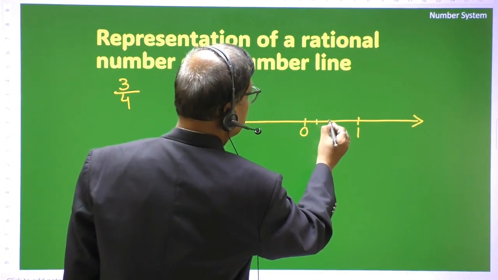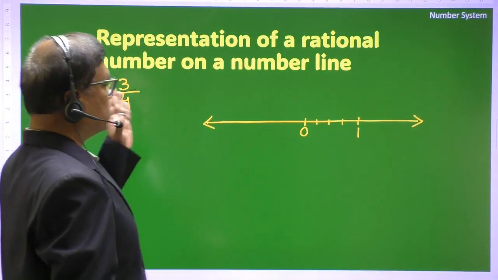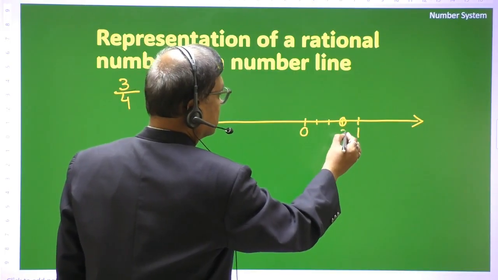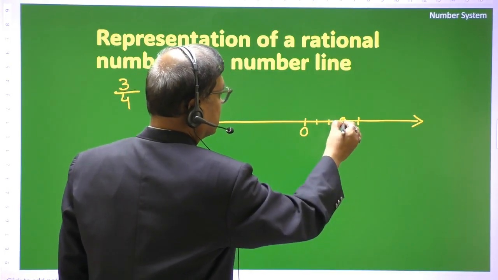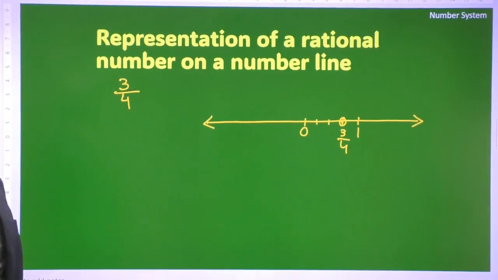Say 1, 2, 3, 4. So 3/4 means this position. So this point is the representation of rational number 3 by 4.